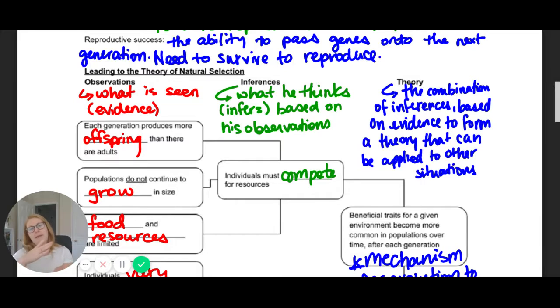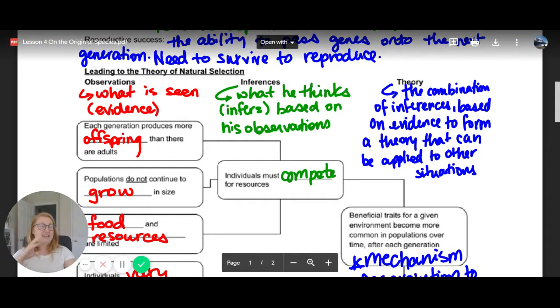An inference is what you think or infer based on what you have observed. And finally, the theory is the combination of all of your inferences from all the evidence that you have, to form a theory that can then be applied to other situations, not only the situations that you have actually observed. So that's what we're going to walk through here.